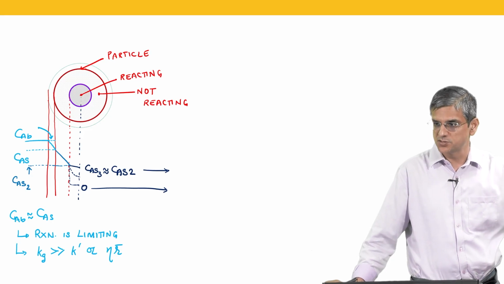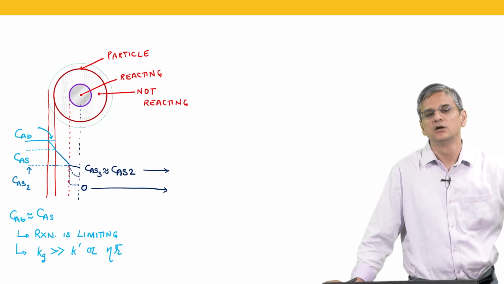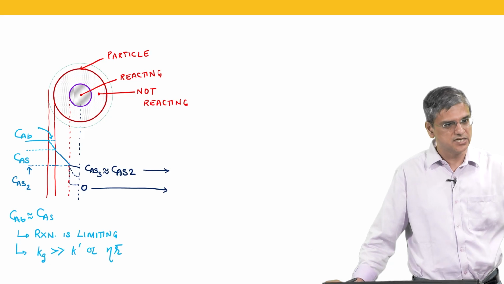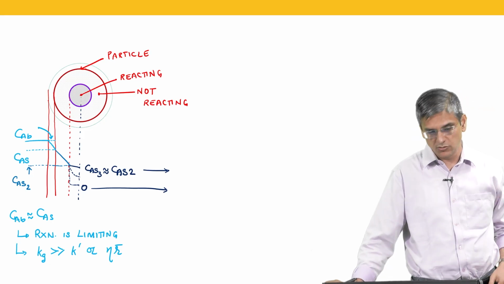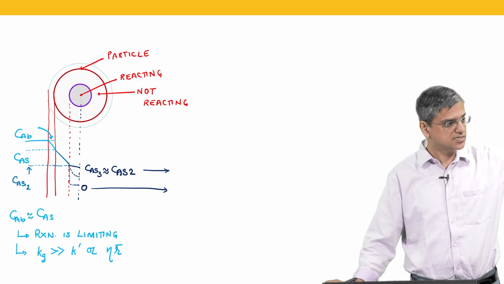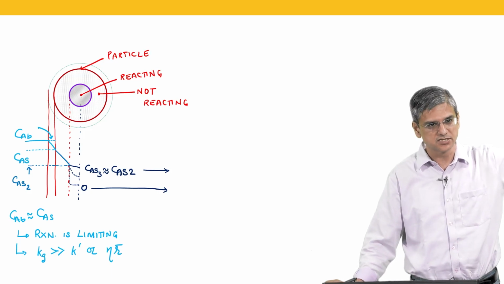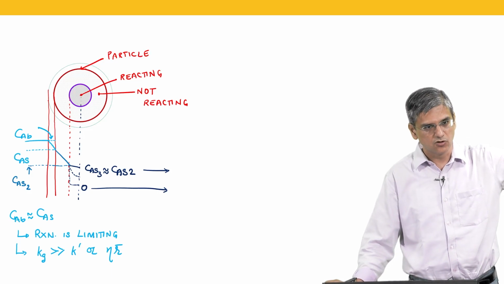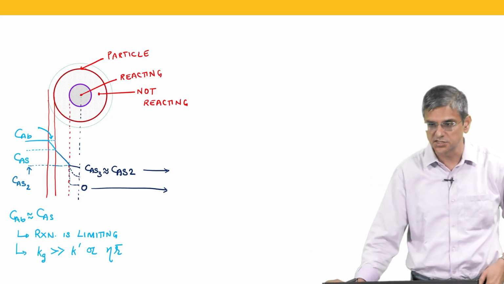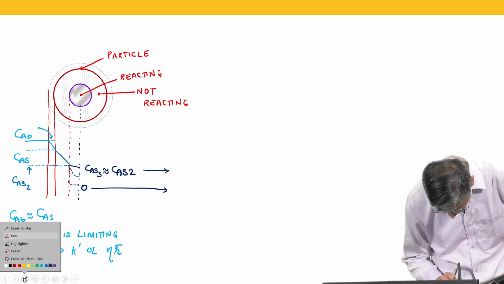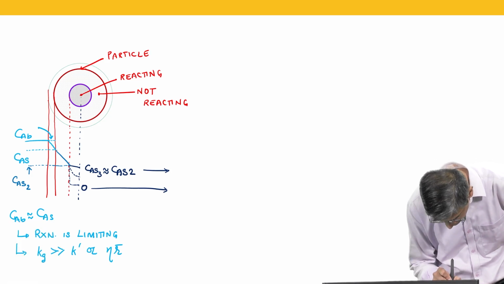Diffusivity is very large, reaction is rate limiting. That is the case when things are flat. Exactly the same as it was in the external diffusion case, or in the internal diffusion case without reaction. Yeah, I should add those.